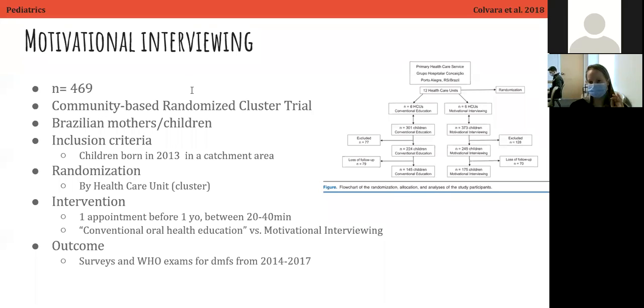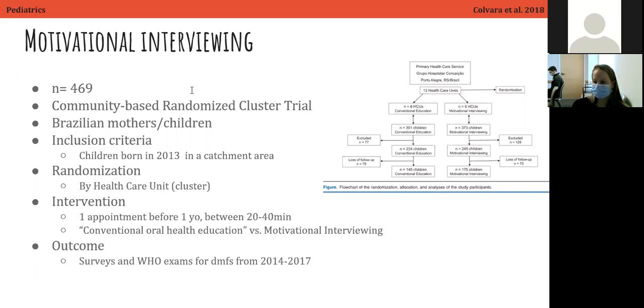The non-intervention group, the control group, was just conventional oral health education. However, the intervention group got oral health education using the tenets of motivational interviewing, by people who had been trained in motivational interviewing.